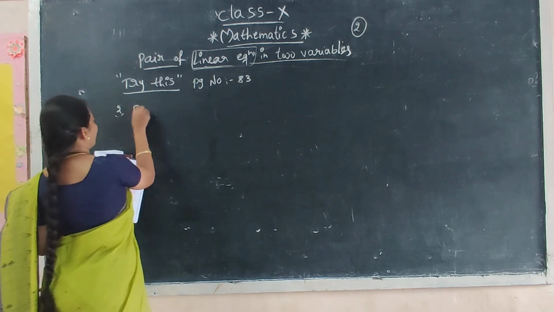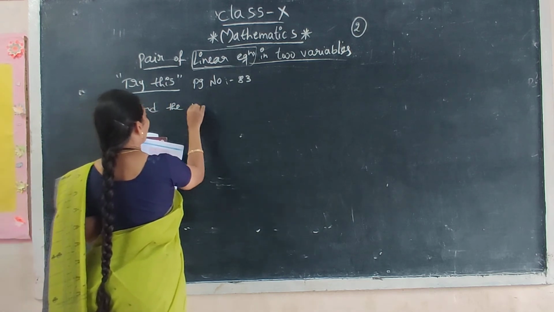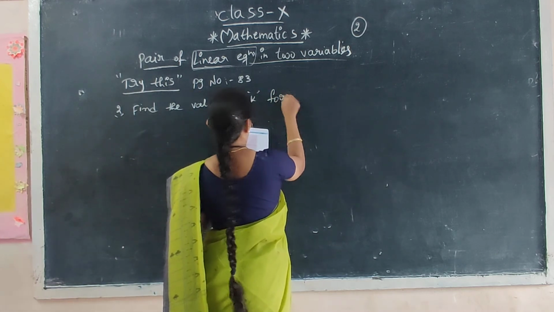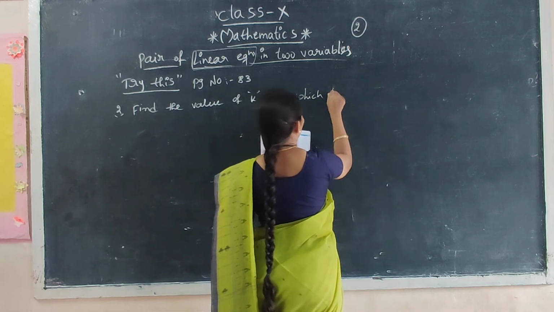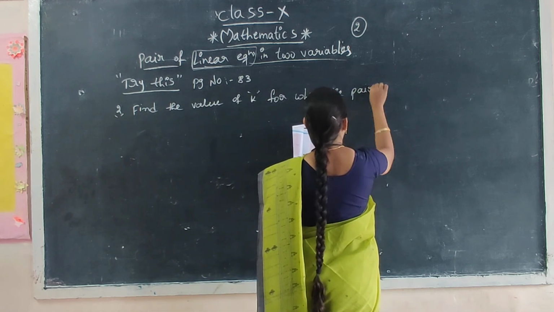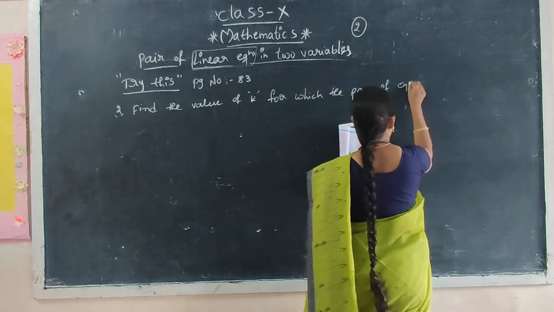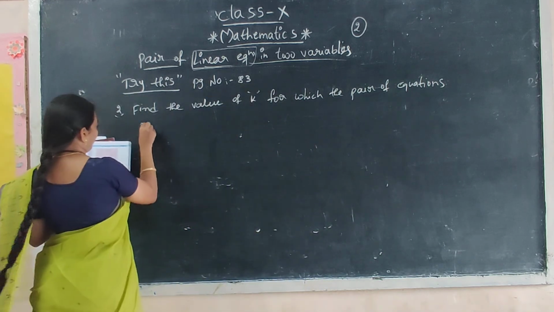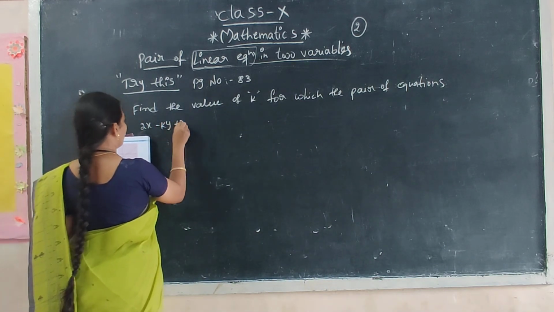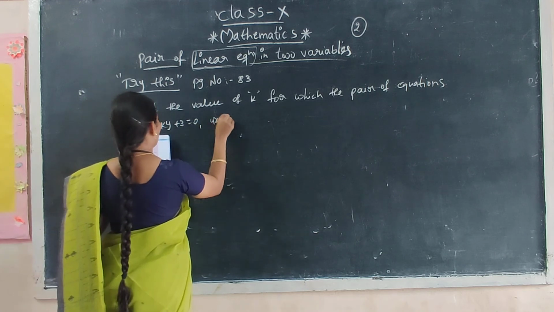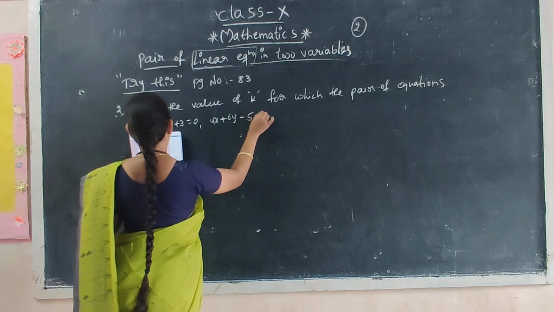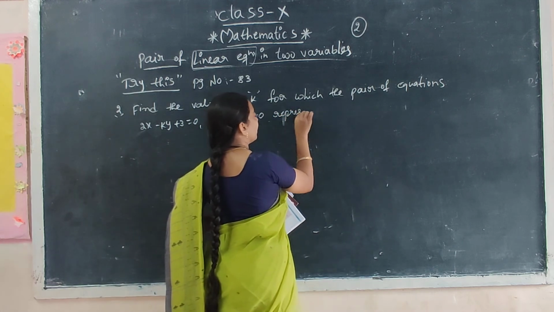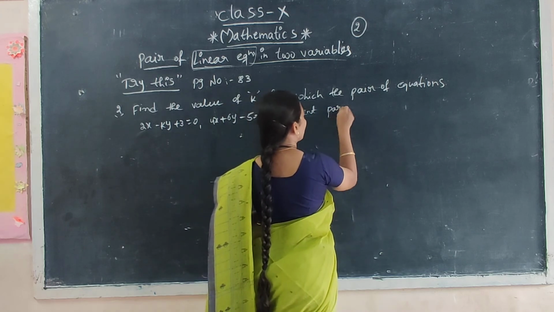The second one. Find the value of K for which the pair of equations 2x minus ky plus 3 is equal to 0, 4x plus 6y minus 5 is equal to 0 represent parallel lines.